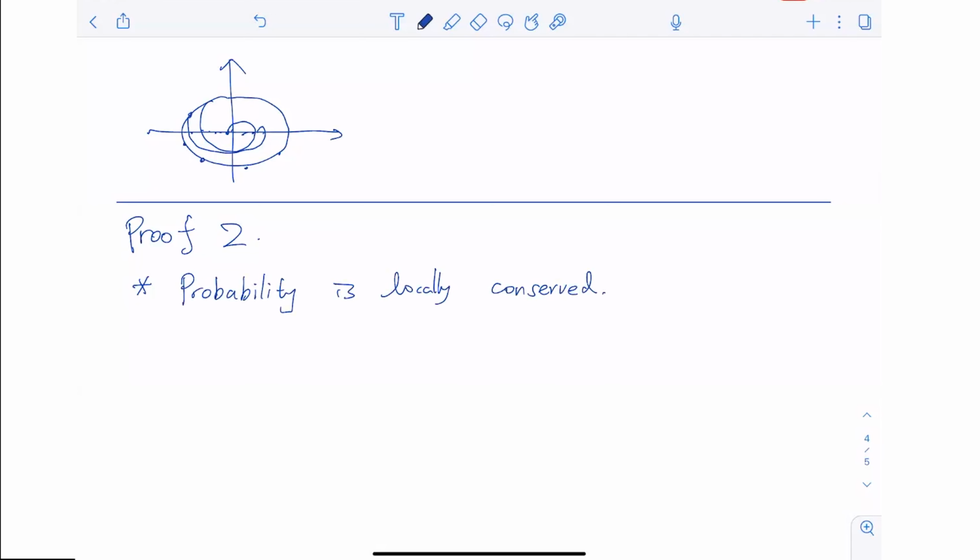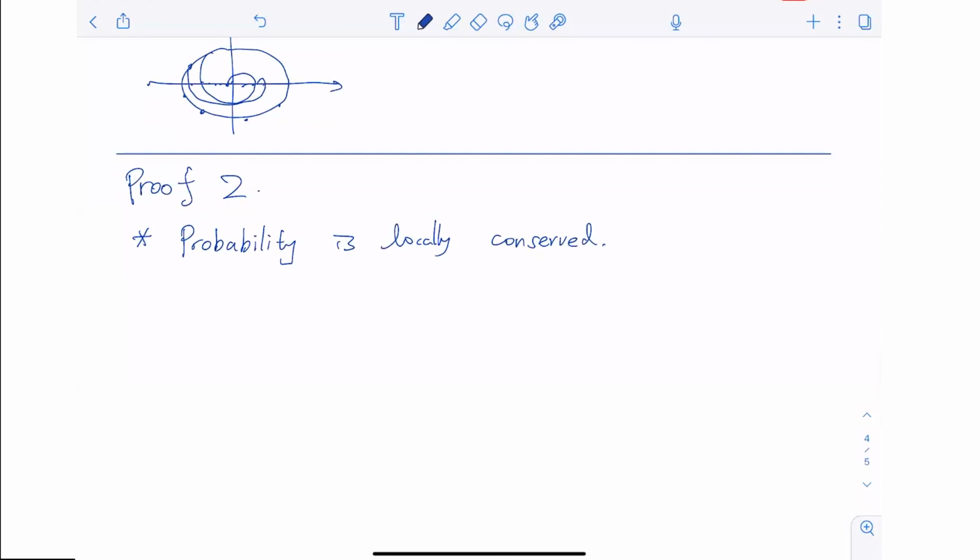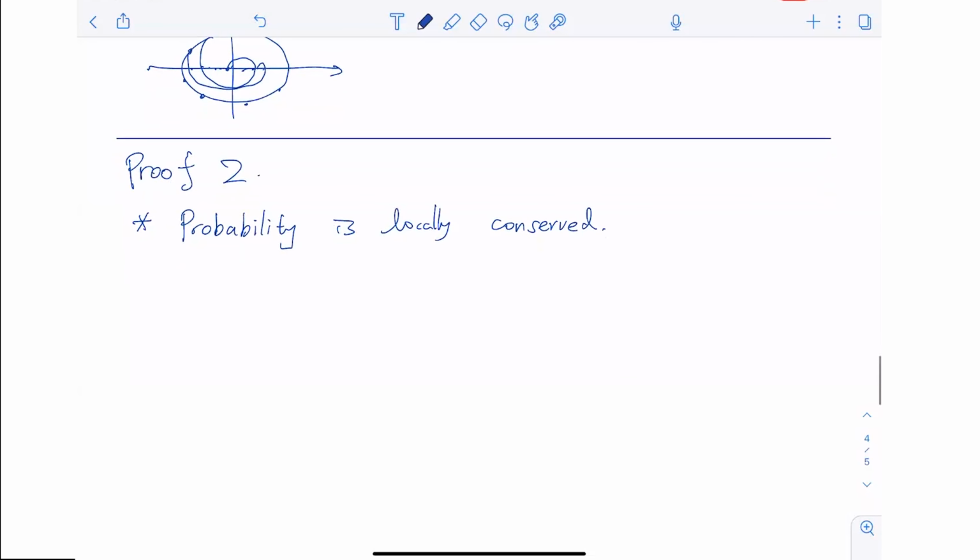Okay, so what does that mean? It means that no probabilities leak out.